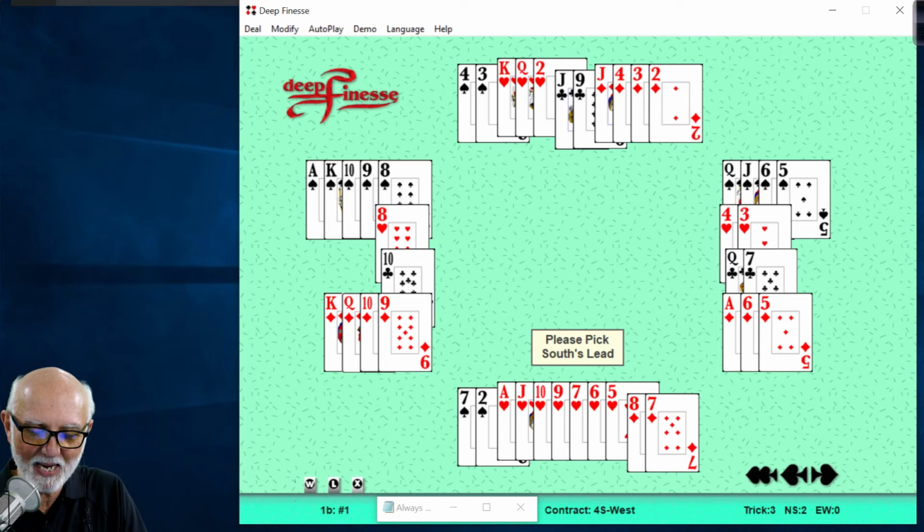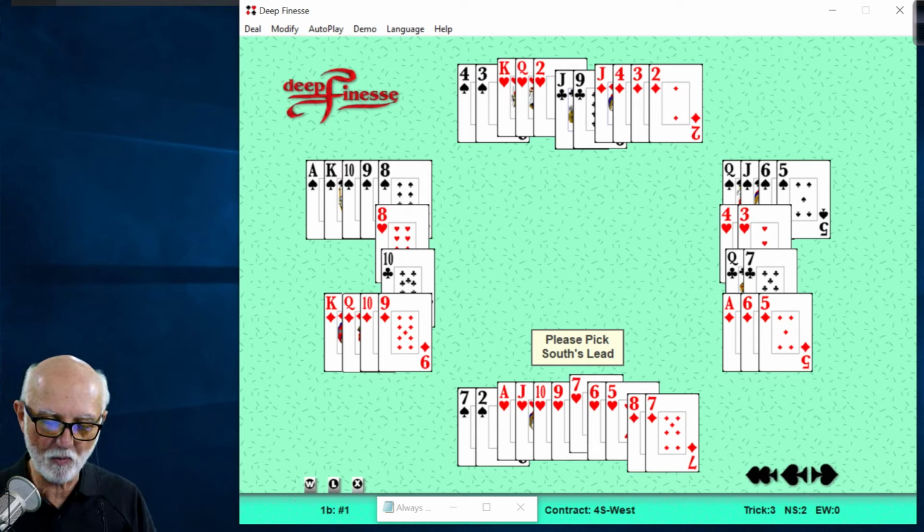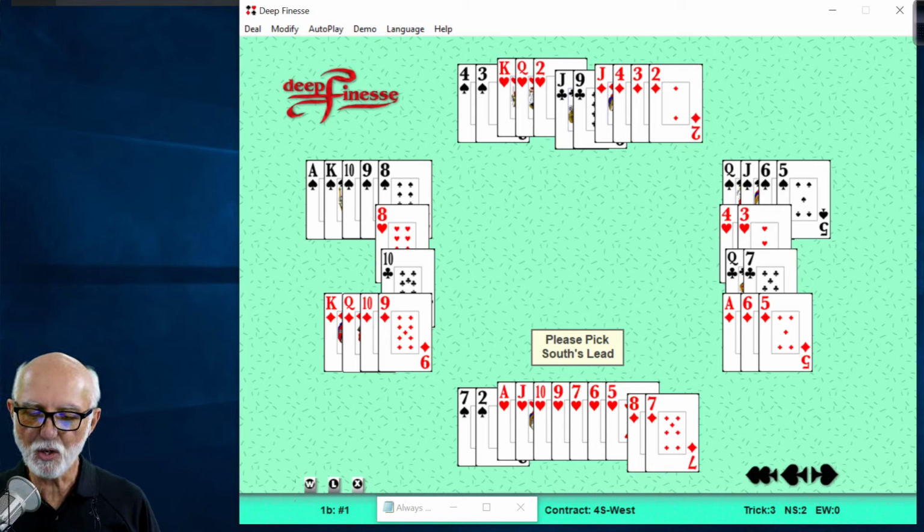So, okay, how do we get to partner's hand? Well, how many hearts do we have? 1, 2, 3, 4, 5, 6, 7. If our partner did support the suit, they've got 3, 8, 9, 10. I see 2 in dummy. That means lefty's got 1 or 0, right?